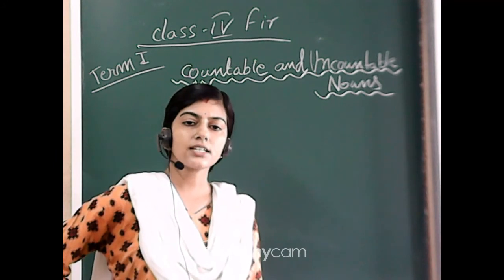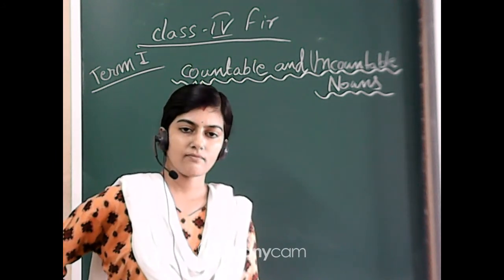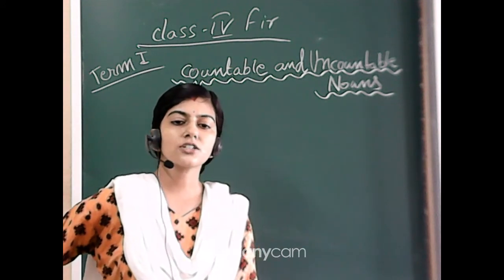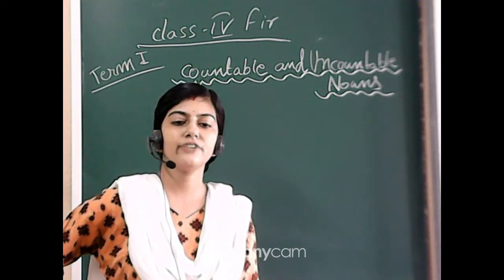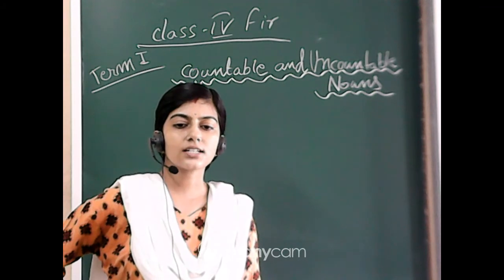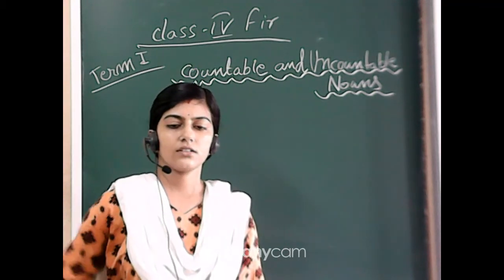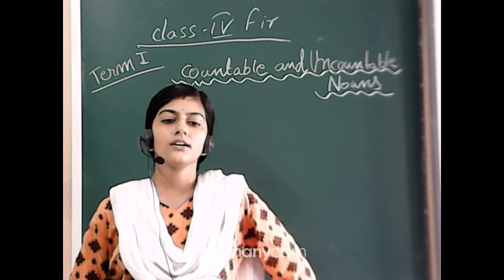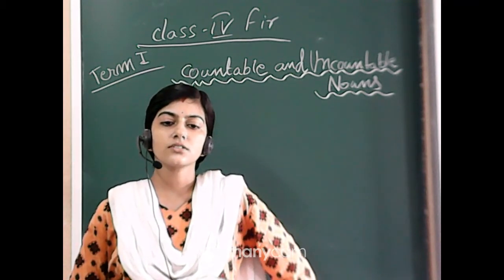The next one is uncountable noun. So what is uncountable noun? Just the opposite of countable noun. The things which we cannot count, we call uncountable nouns or uncount nouns.